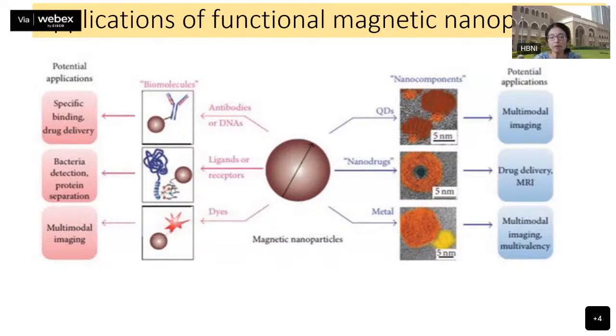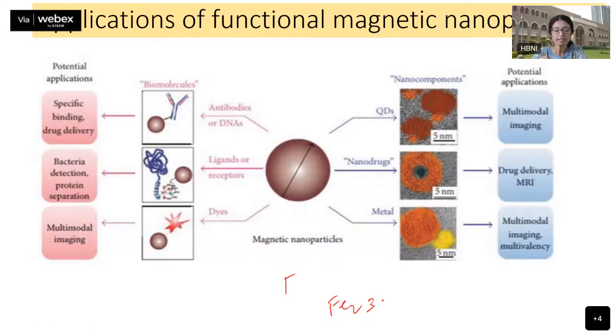Mostly when we talk about magnetic nanoparticles, we have something which is either Fe3O4 or Fe2O3. There can be other materials also, but let's consider these two examples. So in this case, you have this particular magnetic nanoparticle.